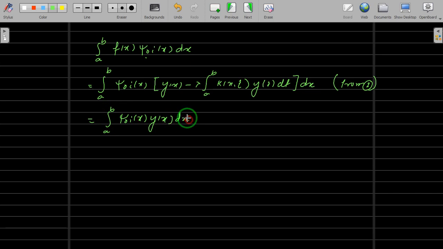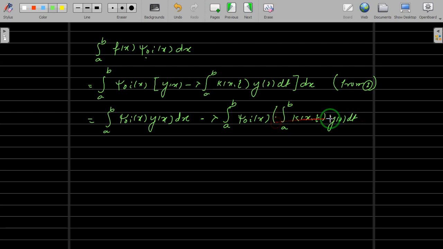y(x) dx minus this lambda integral a to b, then we have psi 0 i of x, then we have this integral a to b k(x,t) y(t) dt.